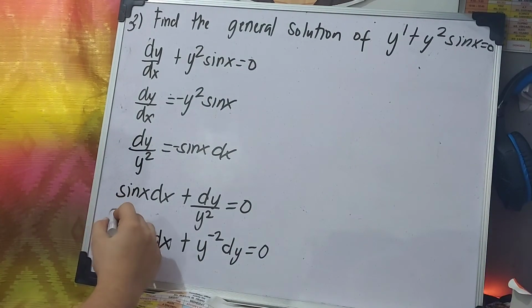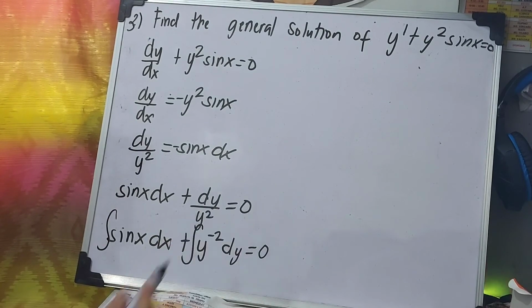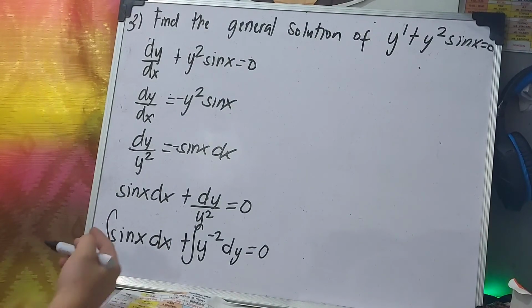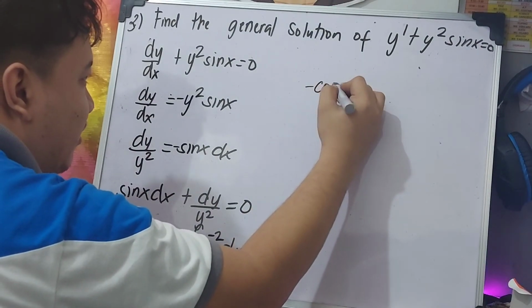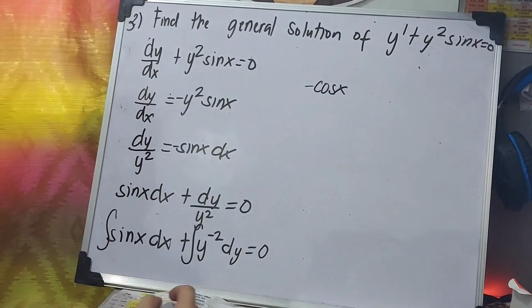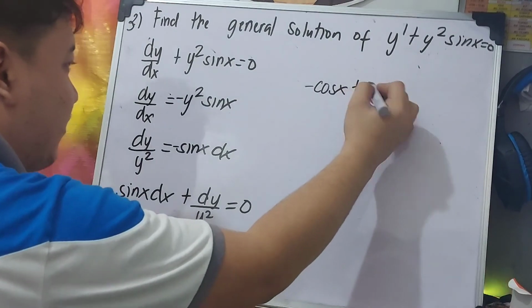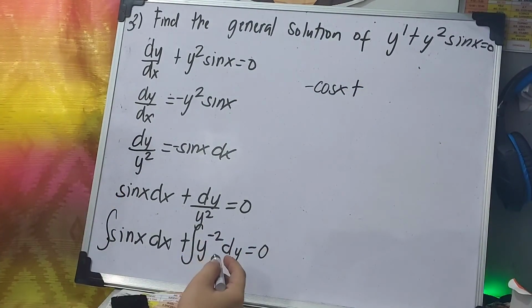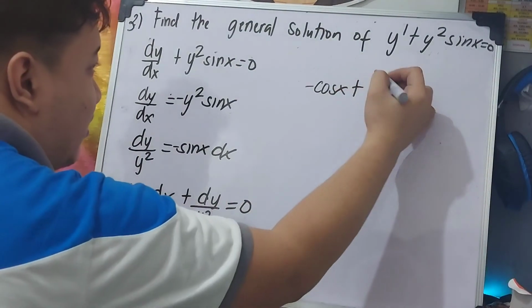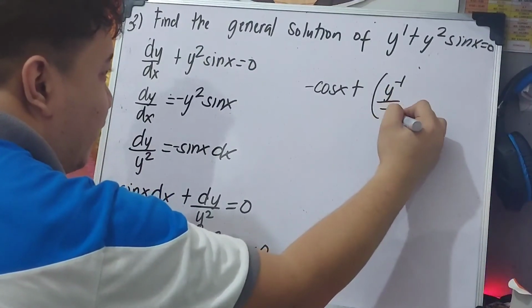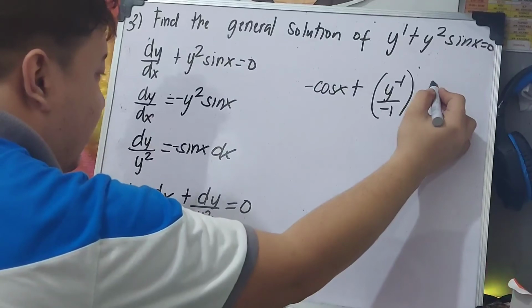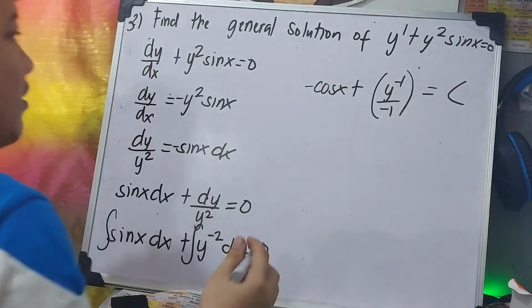And now we can integrate these two. The integral of sin x dx is negative cosine x plus the integral of y raised to negative 2 is y raised to negative 1 over negative 1, equals C.